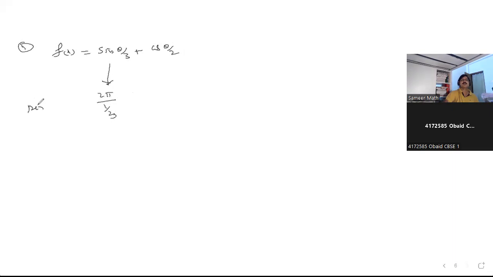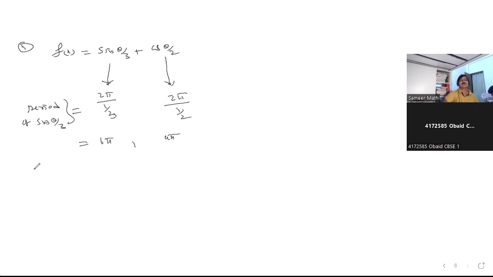This is the period of sine theta by 3. And the same way you take the period of this one. 2 pi, but in the denominator 1 by 2 is there. So overall, when you simplify, you'll get 6 pi here. Here 4 pi you are getting.